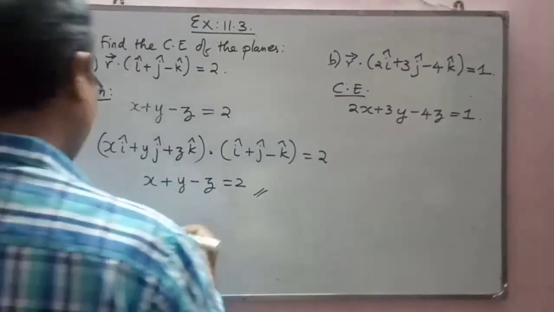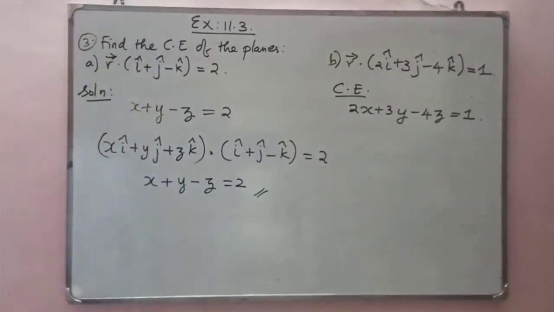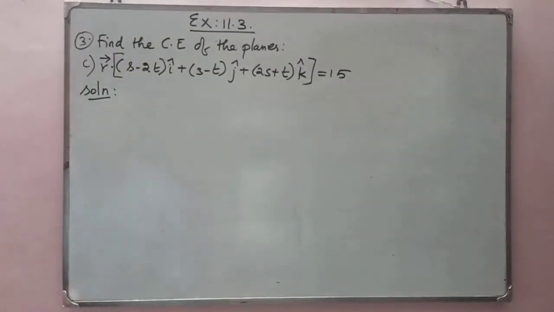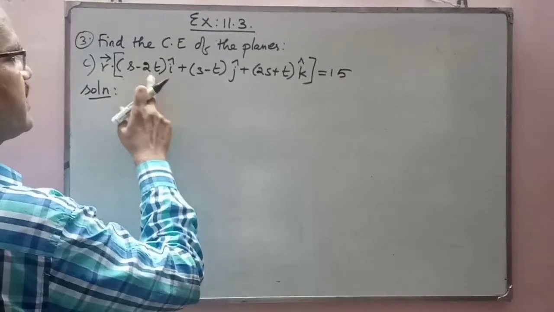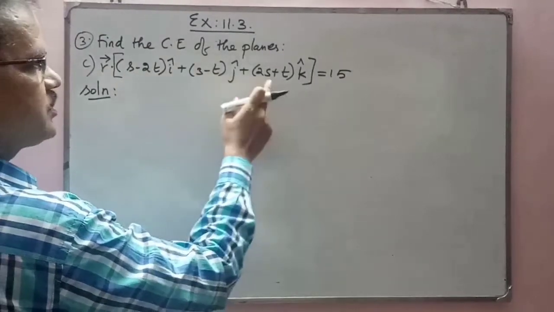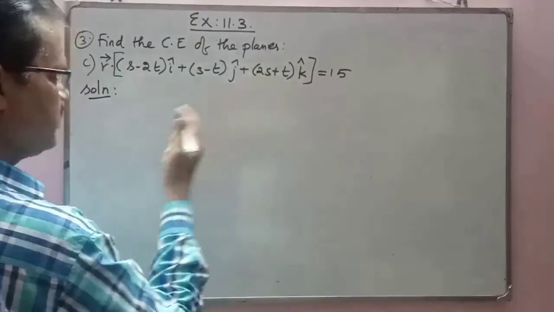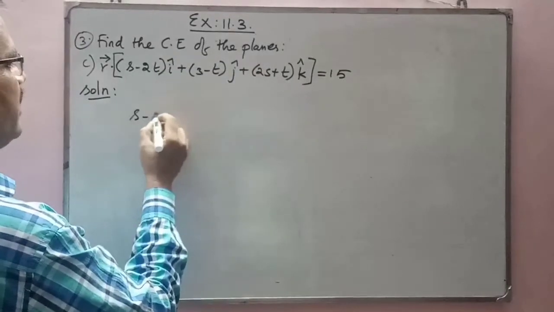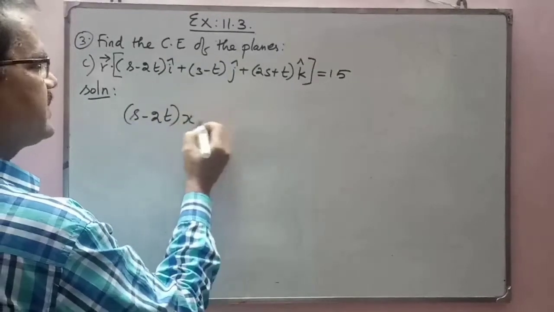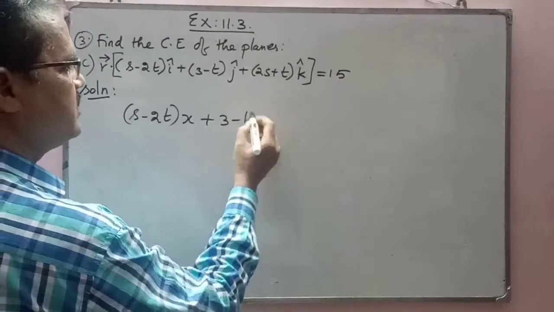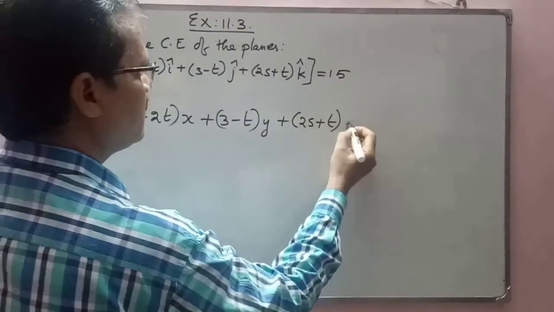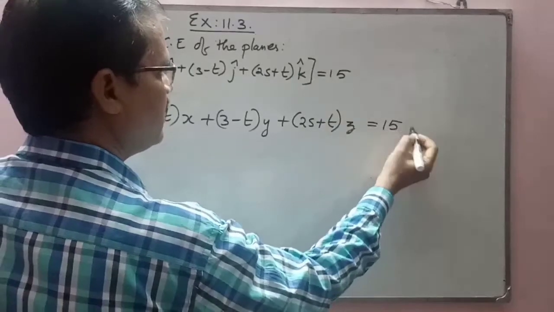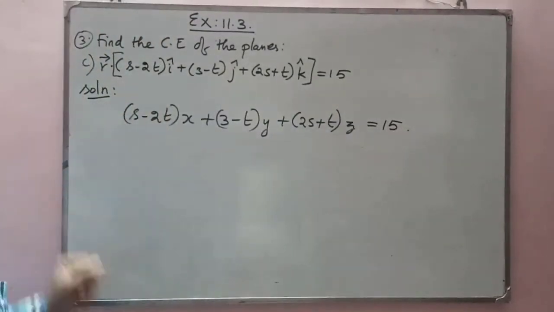Next question, the C part. In this question we have the direction as (s minus 2t) i, (3 minus t) j and (2s plus t) k. As usual, you go for (s minus 2t) x plus (3 minus t) y plus (2s plus t) z equals 15, which is the required Cartesian equation.